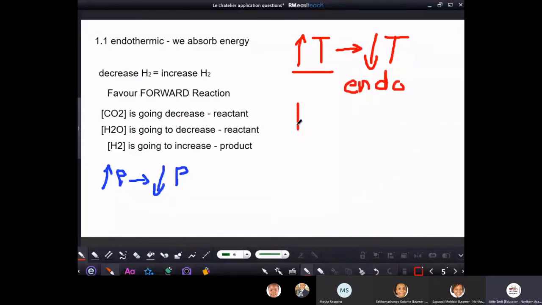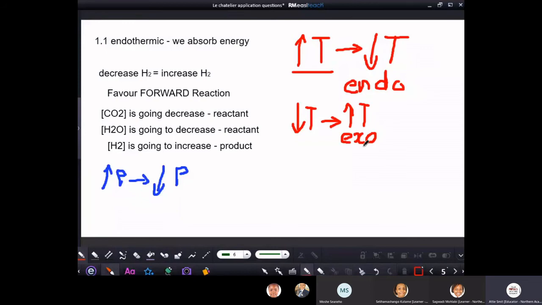If we decrease the temperature, according to Le Chatelier, the reaction will want to increase the temperature, so it will favor the exothermic reaction.